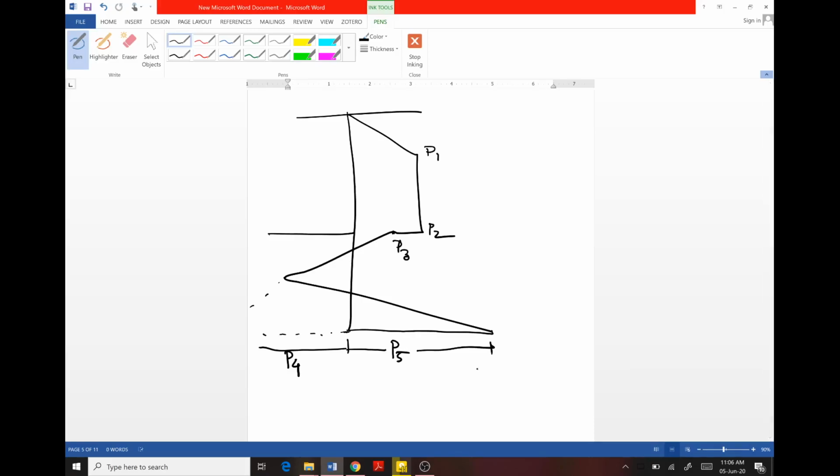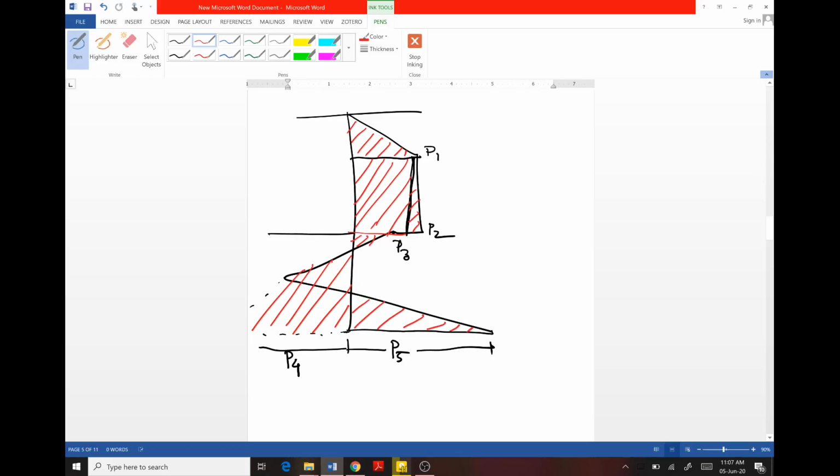Now we can divide it as this triangle, this rectangle, this triangle, this rectangle, this small triangle again, this small triangle again, this big triangle again, and this one.